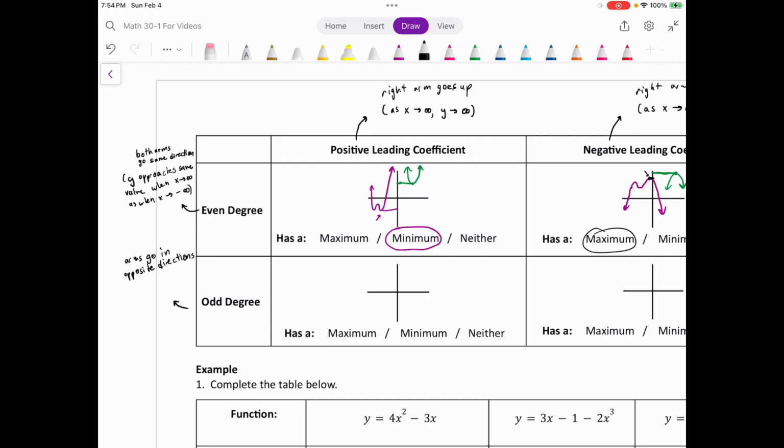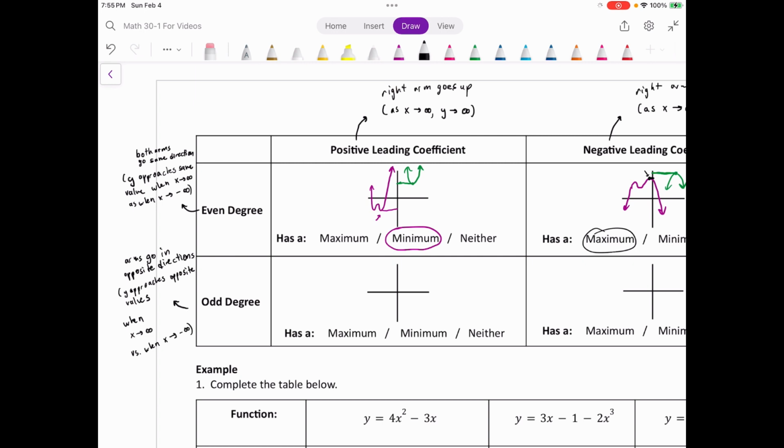It actually makes a ton of sense when we think about it, because for an odd exponent, when we raise a positive x versus a negative x to an odd exponent, we'll get opposite signs out of those two things, right? So y approaches opposite values when x approaches positive infinity versus when x approaches negative infinity.